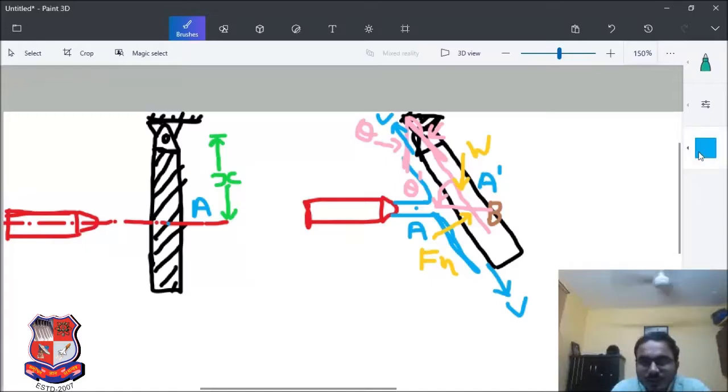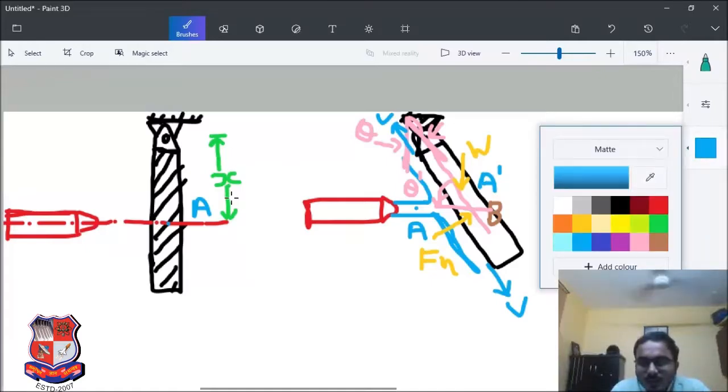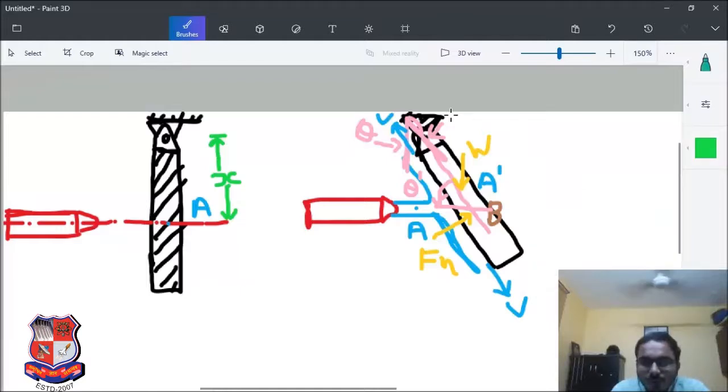And one more thing, the x which was the distance here will remain the same for A prime, that is, this will be x till A prime, and the overall height of this plate will remain capital H, small h.